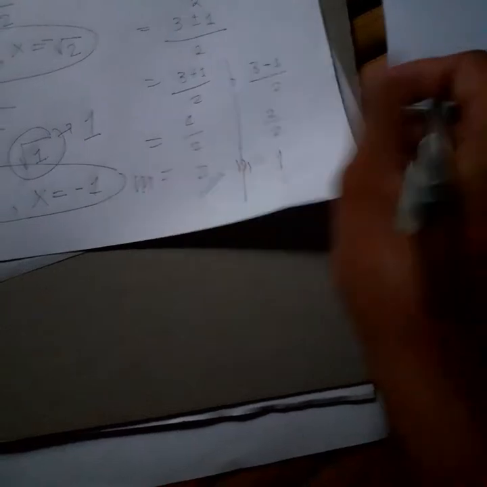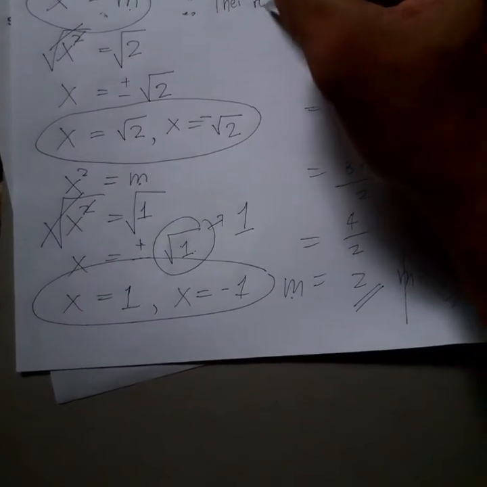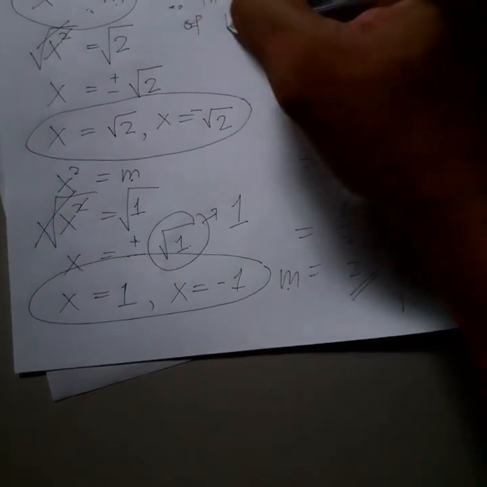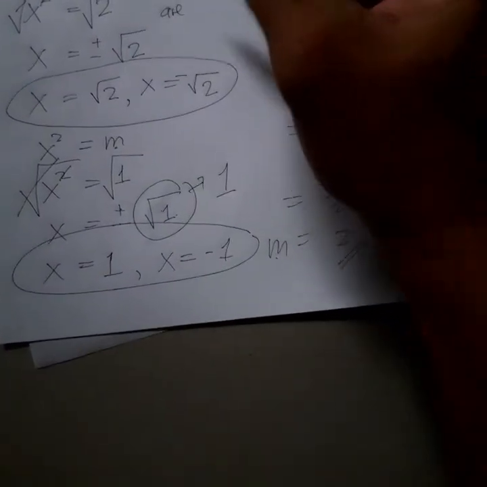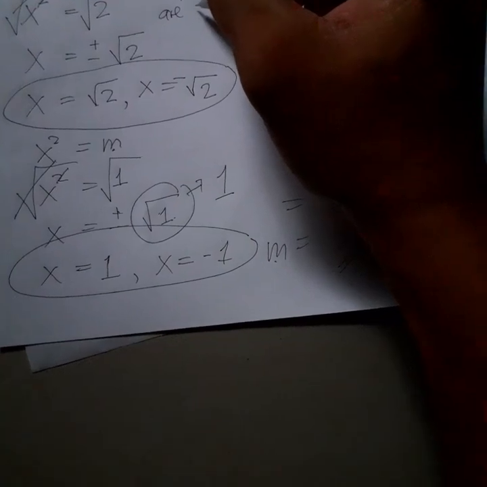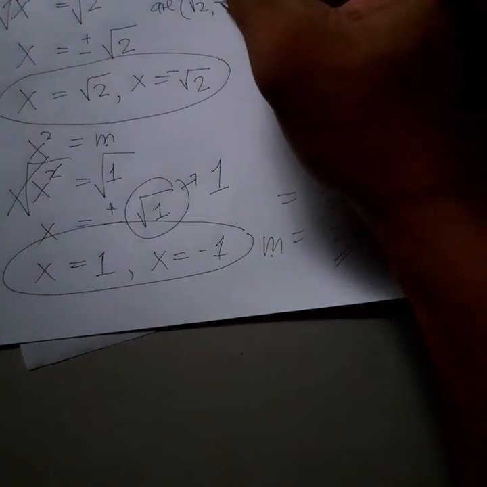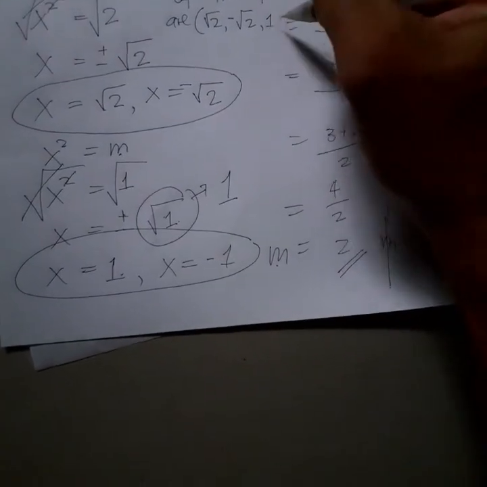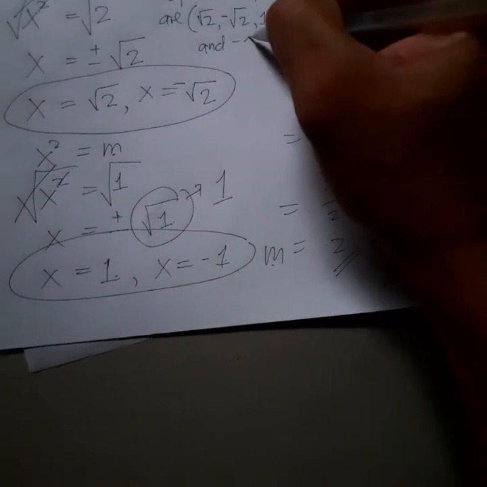Therefore, the roots of the given equation are: square root of 2, negative square root of 2, 1, and negative 1.